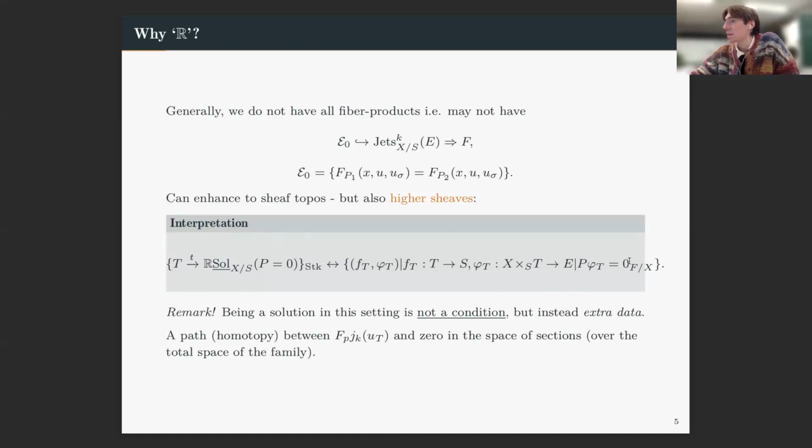So this is the zero section in your bundle F over X, but this again is not an equation on the nose. It's implicitly built into the machinery. This is not a condition we're asking for. It's extra data given to us by enhancing to homotopy fiber product. So it's a path specifying that your parametrized section is a solution.